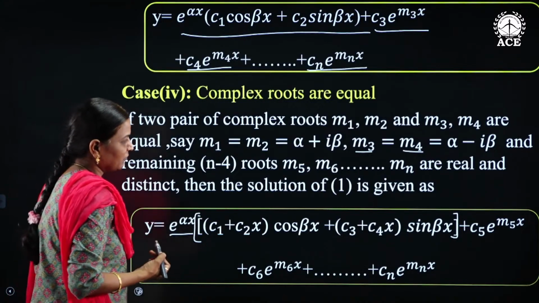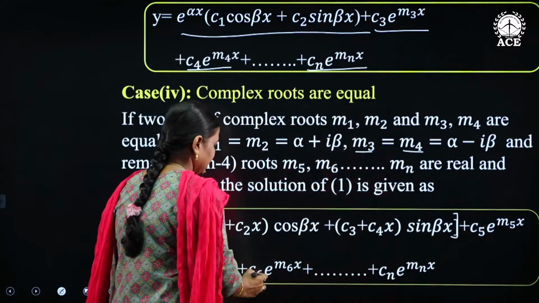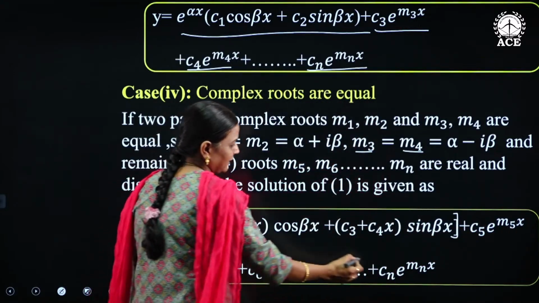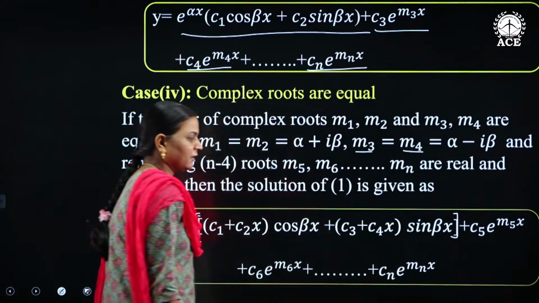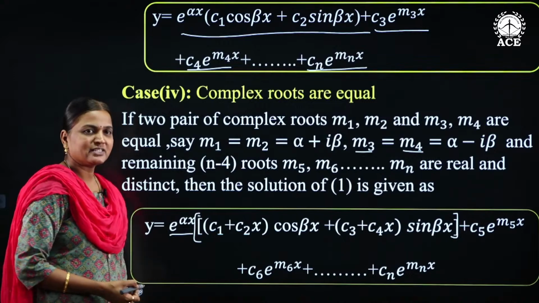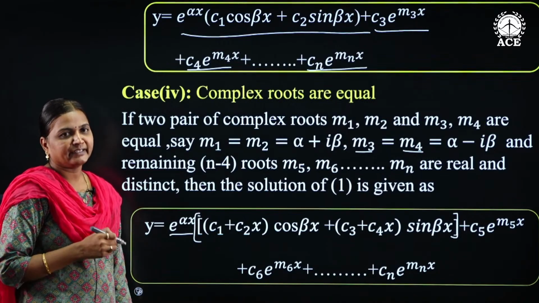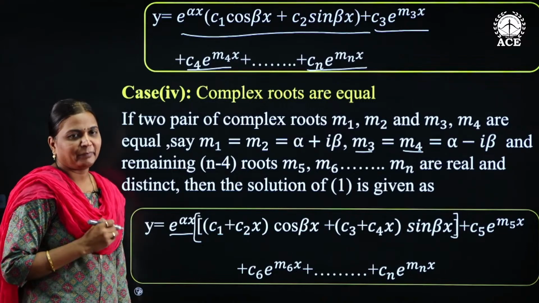So what is the corresponding part? That is c5 into e power m5x plus c6 into e power m6x, and so on, plus cn into e power mnx. So these are the rules when the roots are real and distinct, real and repeated, complex and distinct, and complex and repeated.